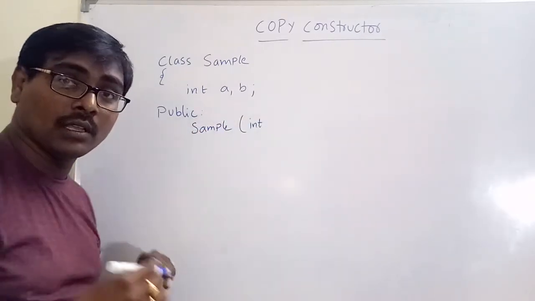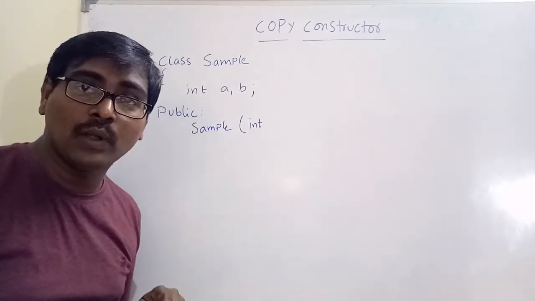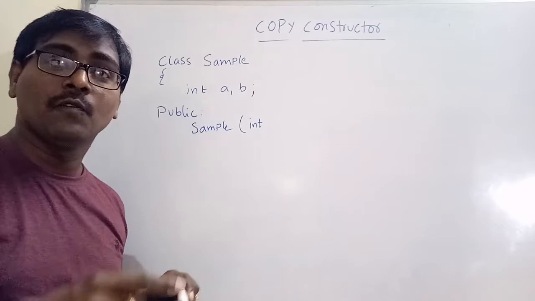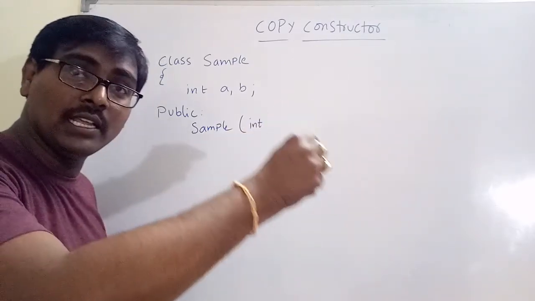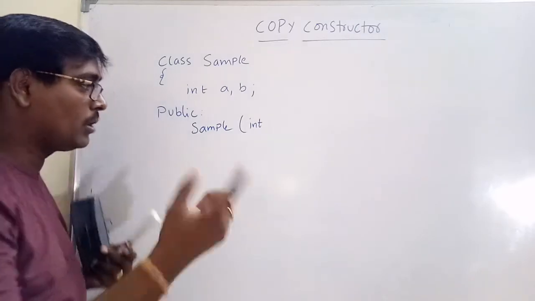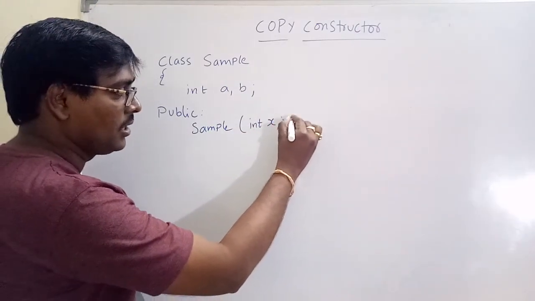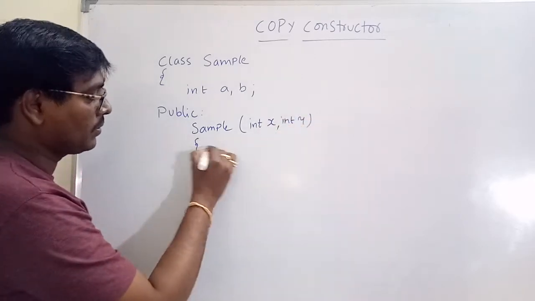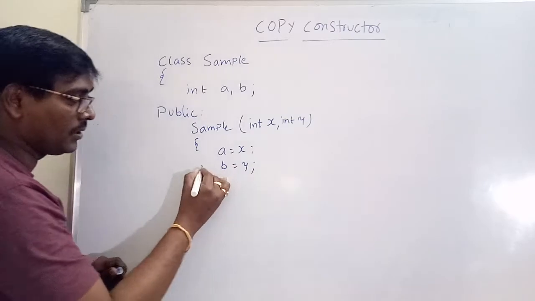So observe one thing. What does the copy constructor do? One object's values are assigned to another object. That means first we have to initialize one object, then those initialized values are assigned to the new object. That is the reason I am using a parameterized constructor, int x, int y. Simply a is equal to x, b is equal to y.